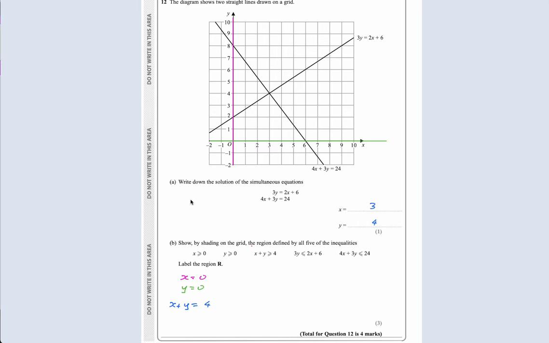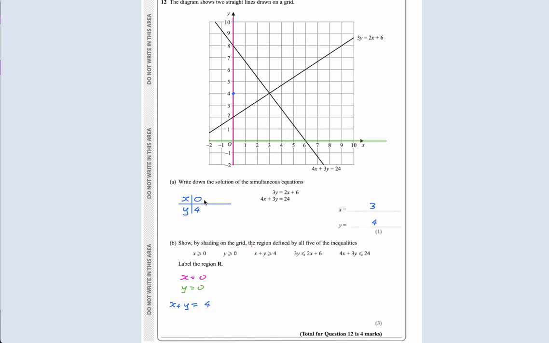Well, one way to do it, guys, is to write down x and y, and say, right, when x is 0, just a little table, although your calculator can deal with this as well. When x is 0, what's y? Well, y is 4. So this is a point on the line, 0, 4.